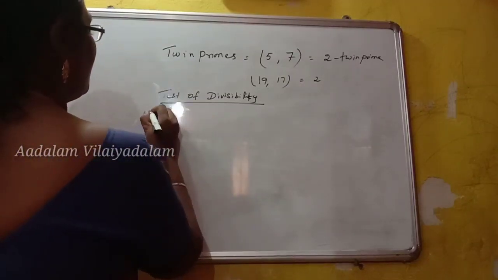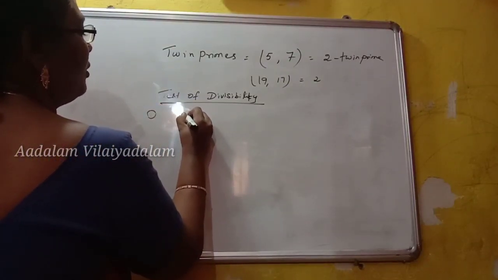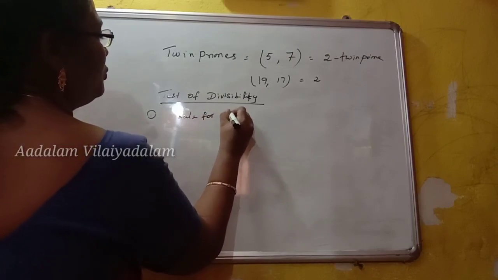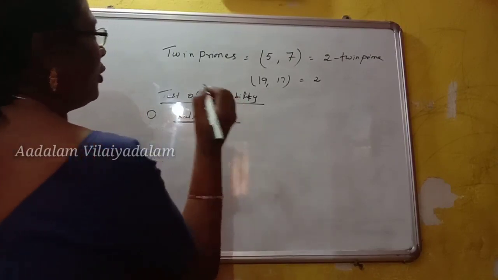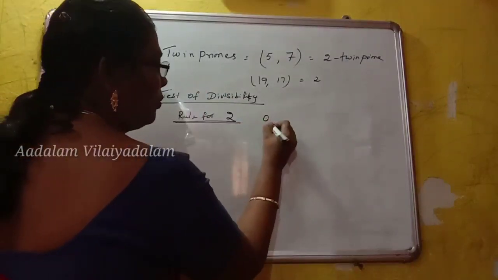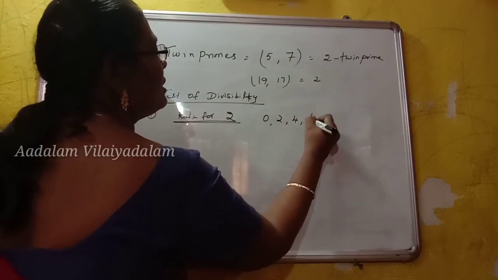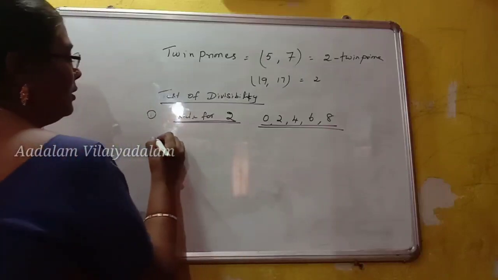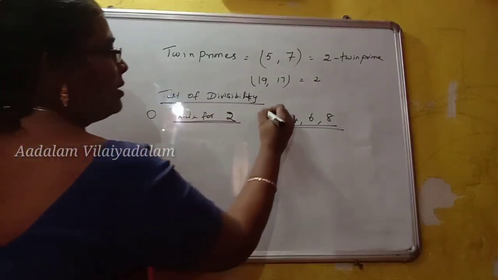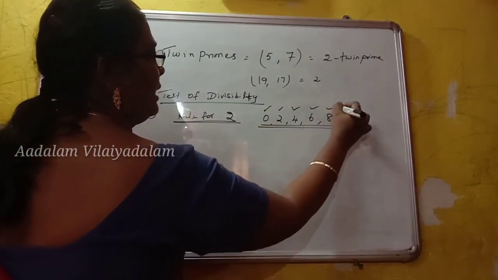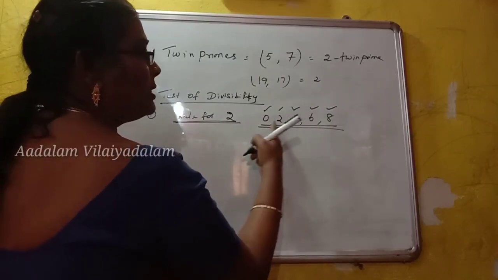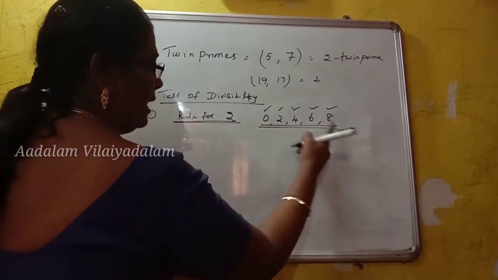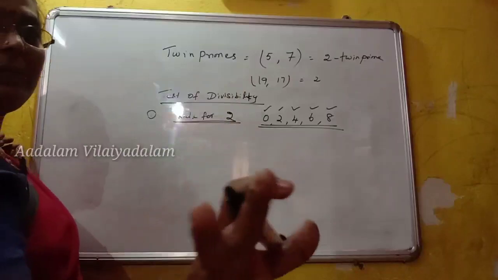So, first, the rule for 2. The last digit should be 0, 2, 4, 6, 8. If the last digit is 0, 2, 4, 6, 8, then the number is divisible by 2.